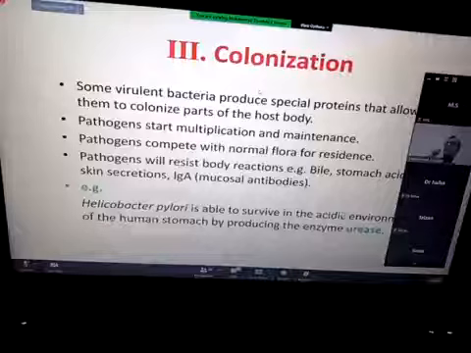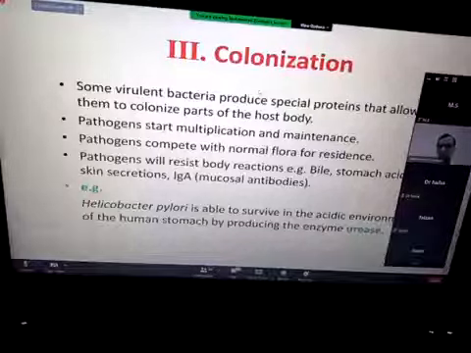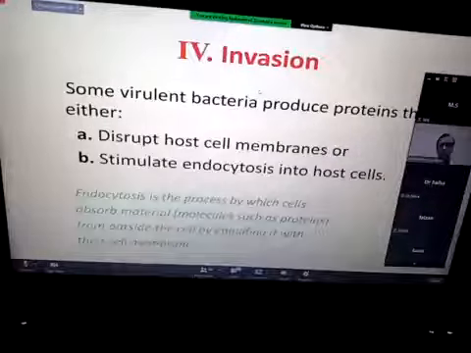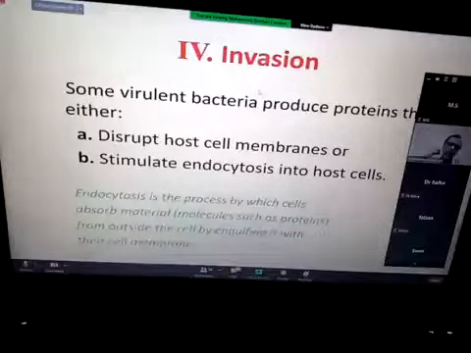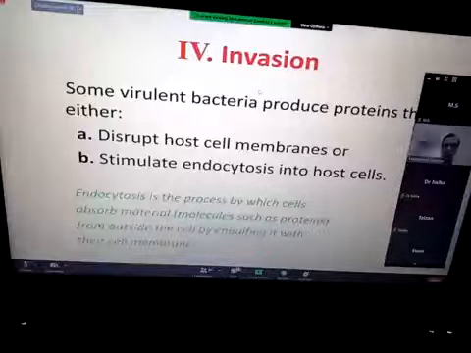H. pylori is able to survive in an acidic environment by producing the enzyme urease, and it invades the normal host membrane and the immune system.